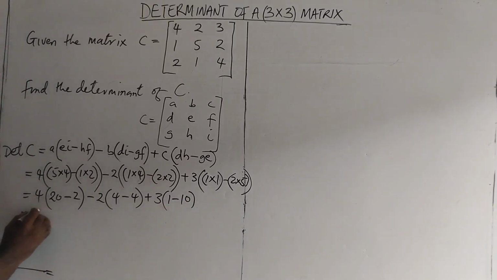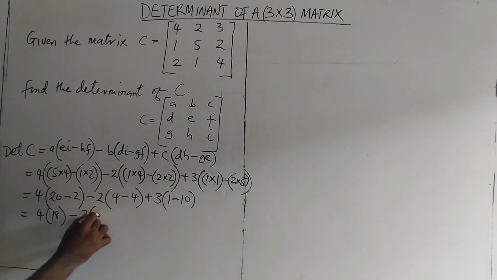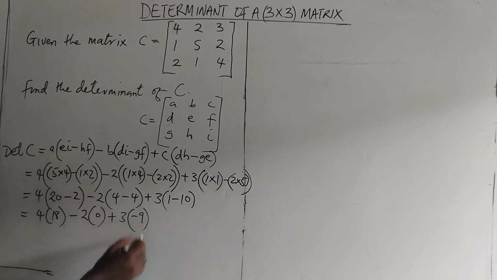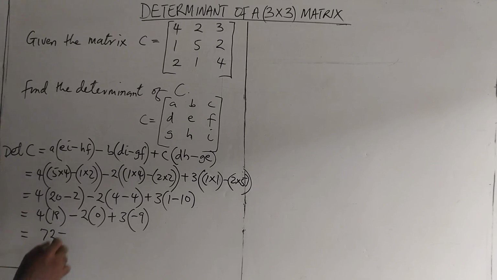The next line will have 4 bracket 18 minus 2 bracket 0 plus 3 bracket minus 9. Multiplying this, we will have 72 minus 0. This will give you minus 27.